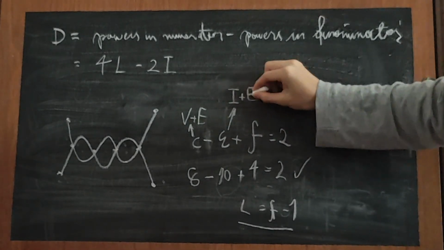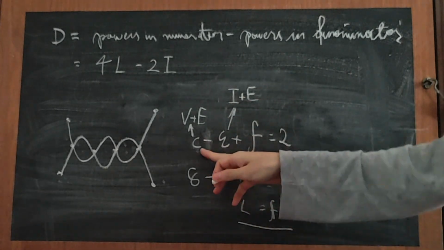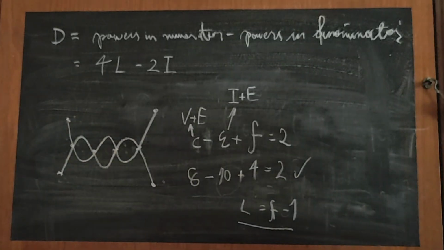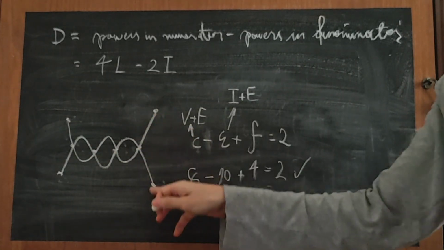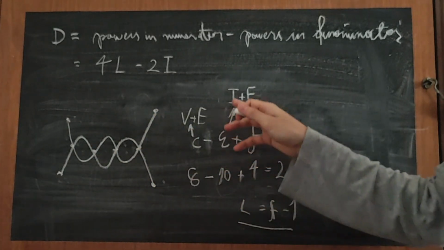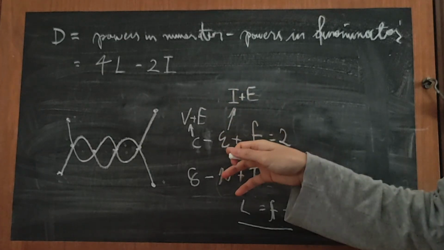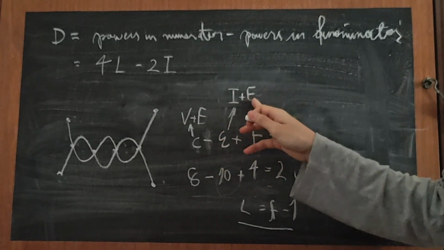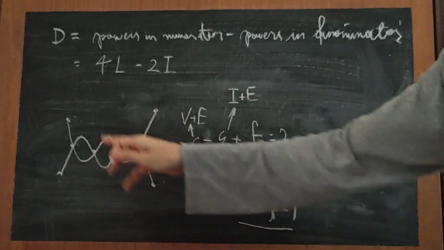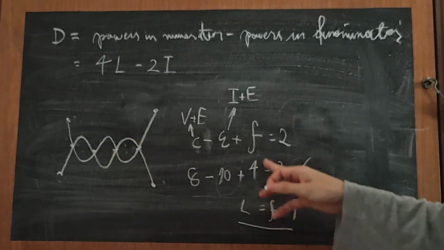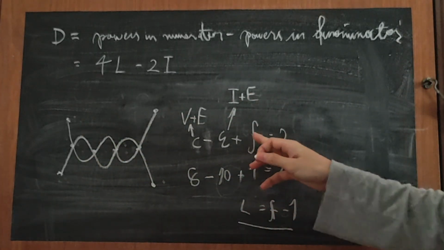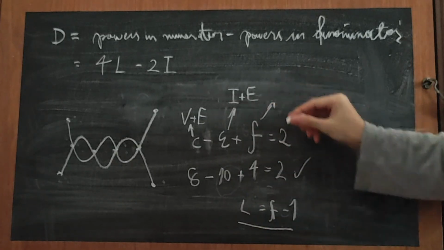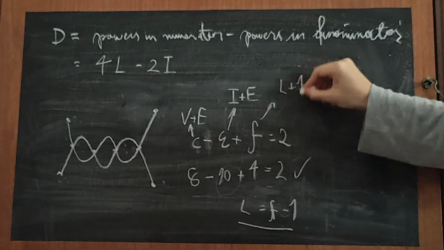So the number of corners is the number of vertices and external points. The number of edges is the number of internal lines plus the number of external lines, which is equal to the number of external points. And the number of faces, from this relation, is equal to L plus 1.